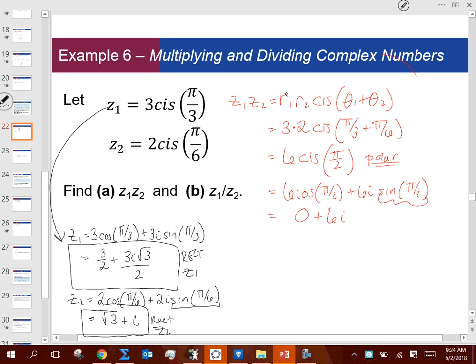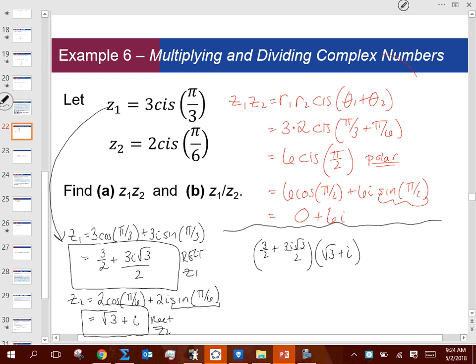Okay? When I ask what z1 z2 is, and we did it there in red, it is the same thing as asking what is 3/2 plus 3i radical 3 over 2 times radical 3 plus i. If you had to FOIL that, can you imagine the messy nature of that thing? Okay?